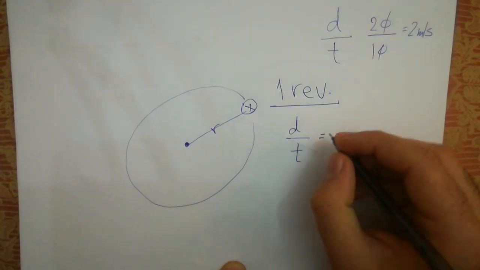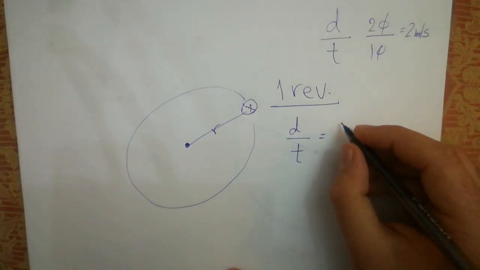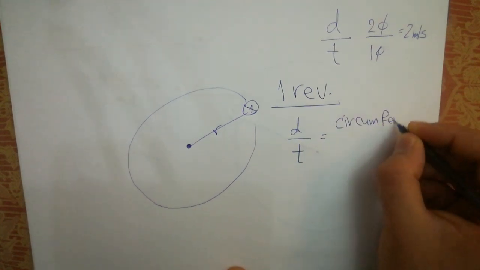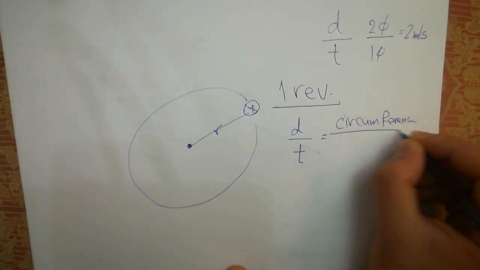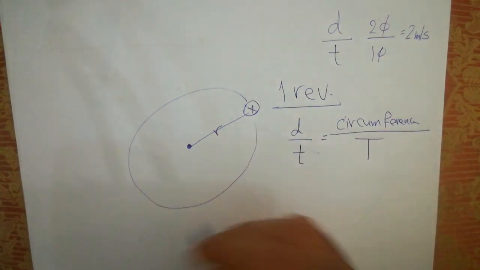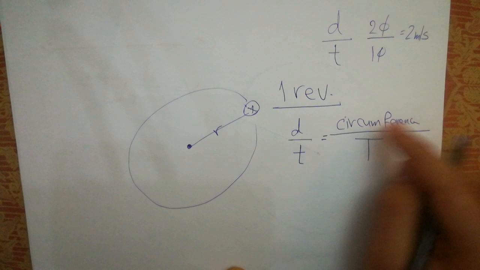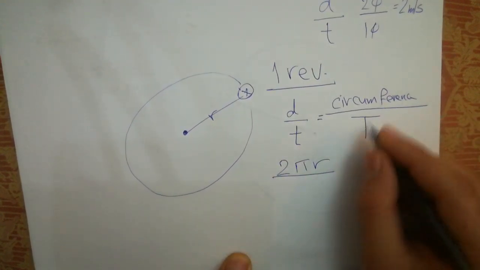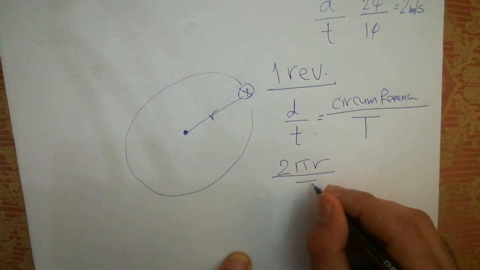So you're going to bring the circumference and divide it by the time it took to complete this cycle. Now the circumference is 2 pi r, and you have that divided by capital T.